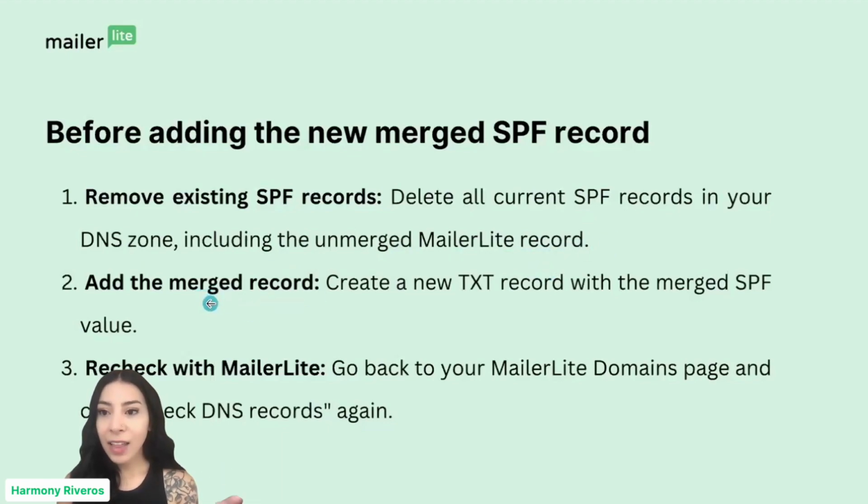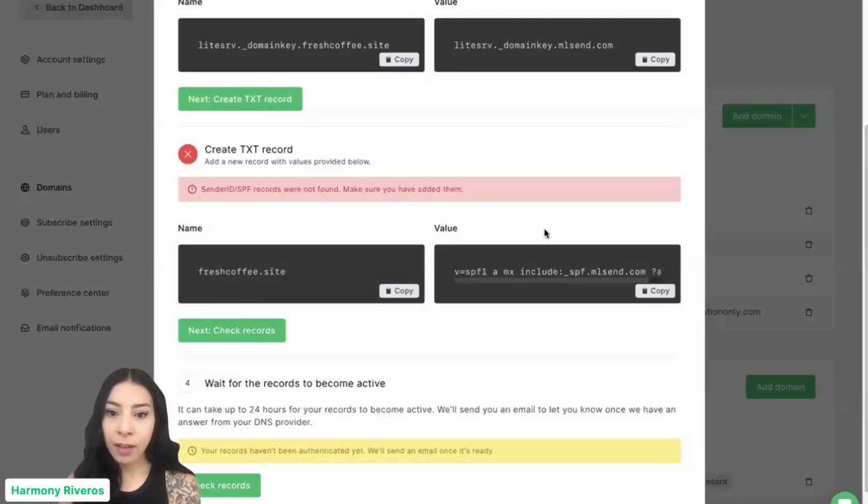Then add in the merged record. This means the one that was given to you by MailerLite, the one that includes all of them, you want to add that back in. Create a new text record with the new value. Again, that's this one here, okay?